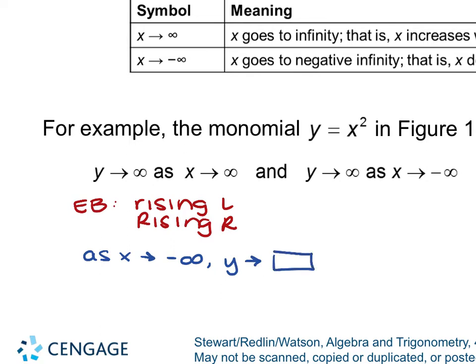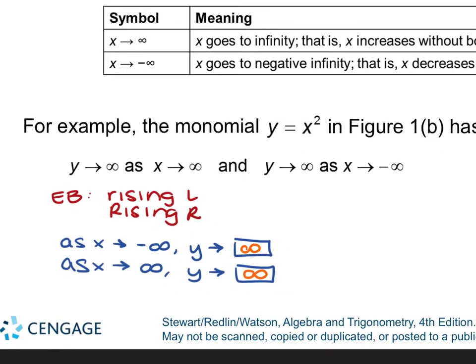Well, think. If x is going to negative infinity, so it's going to the left, what's happening? It's rising, so it's going to positive infinity. So that infinity would just go inside the box there. Then you would go for x to positive infinity, y does what? If your x value is going to the right, what happens as it goes to the right? It's rising, so that again is positive infinity.